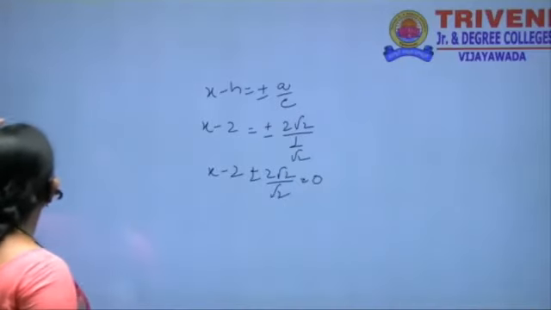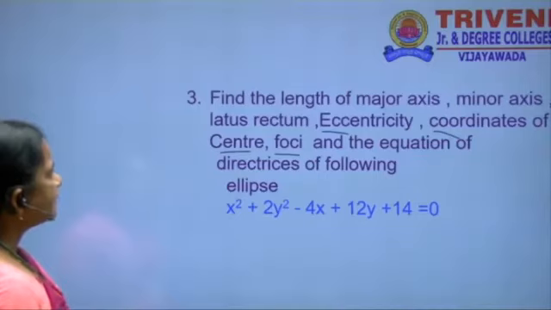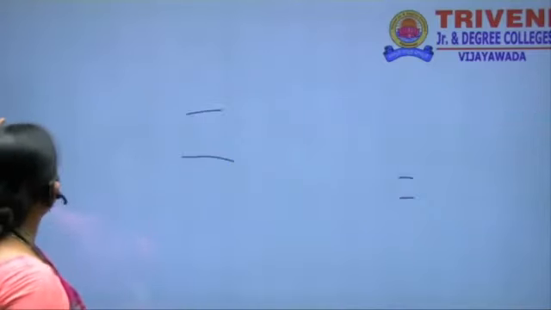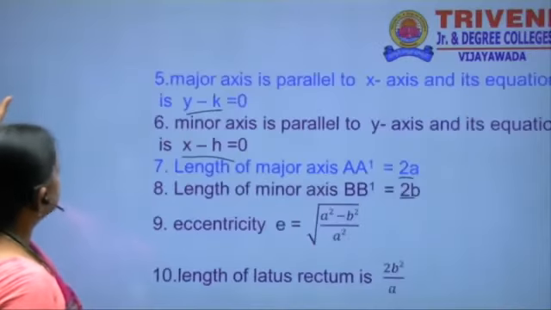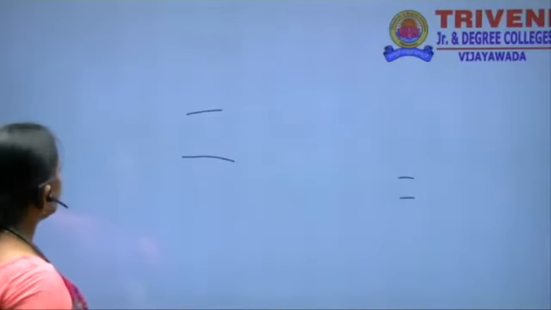And again we have to find here the length of the latus rectum. The formula of length of the latus rectum is 2b square by a. We know the value of b square and a.